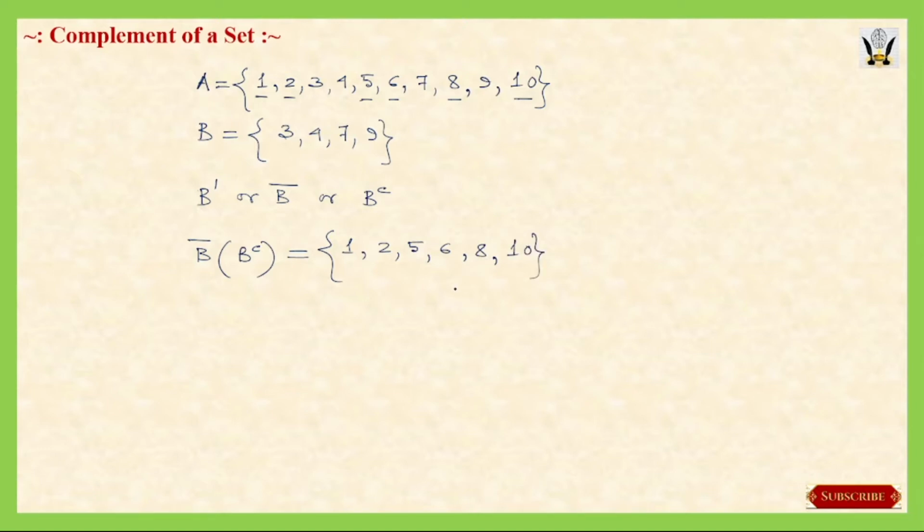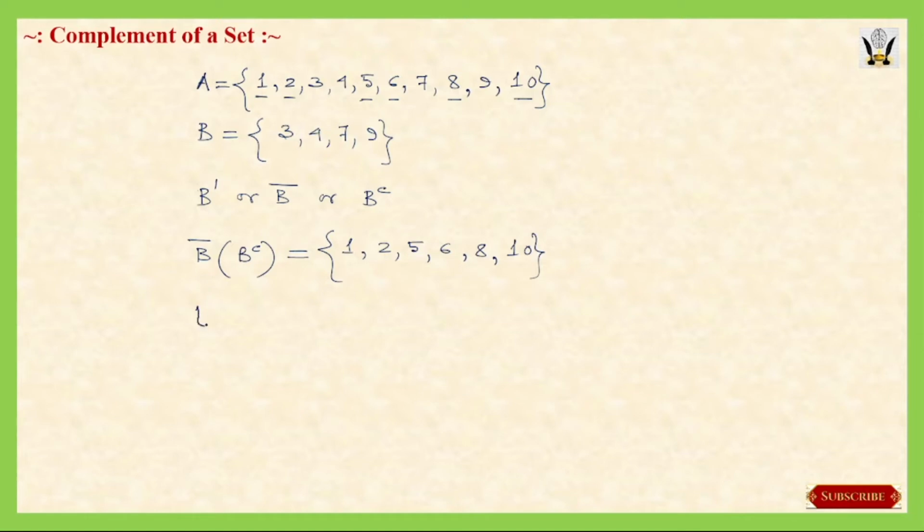Mostly when we find the complement of any given set, we find the complement with respect to a universal set, and that universal set will be given to you. You already have the idea of a universal set.